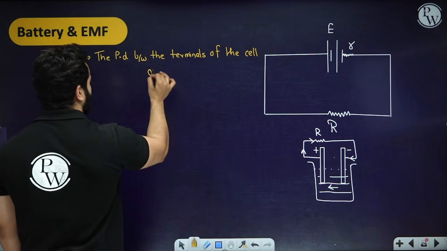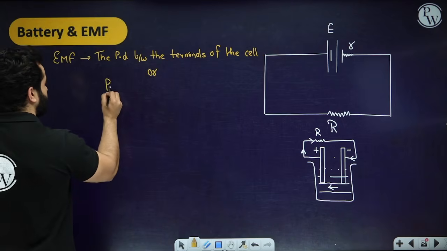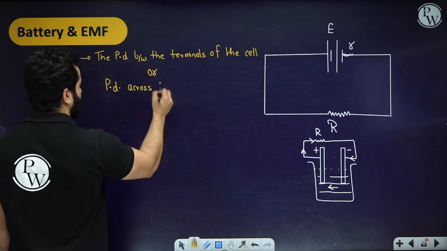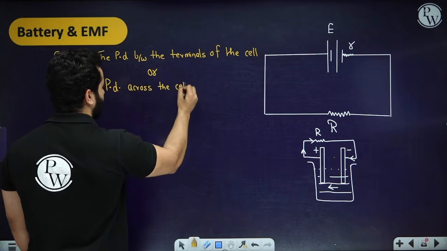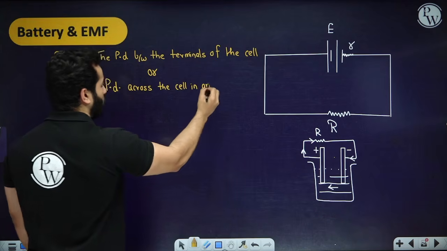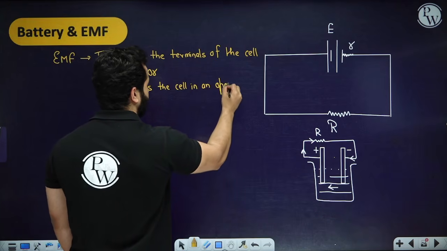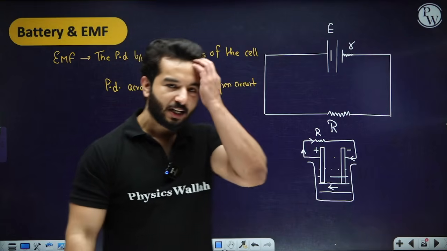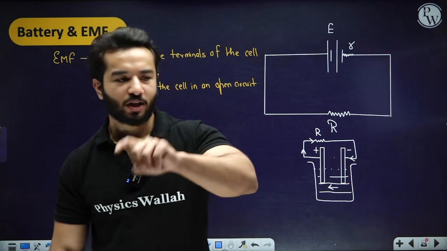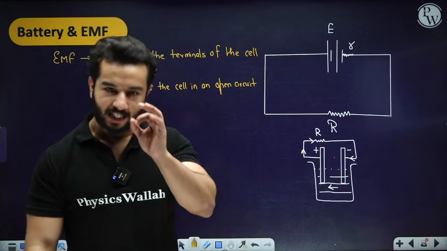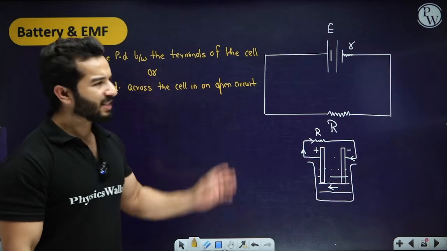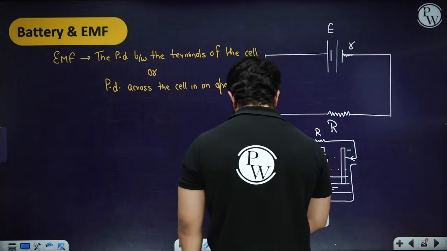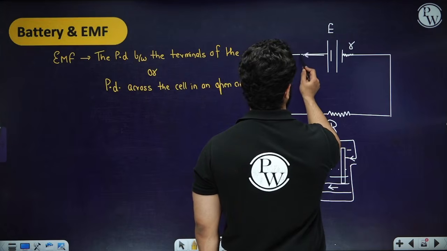Another definition can be that it is the potential difference across the cell in an open circuit. You can also define it as the energy it gives to a unit charge to move through the complete circuit and through the cell, right? But these two definitions are going to do the job. Now let's suppose that total current I is flowing in this circuit, right?